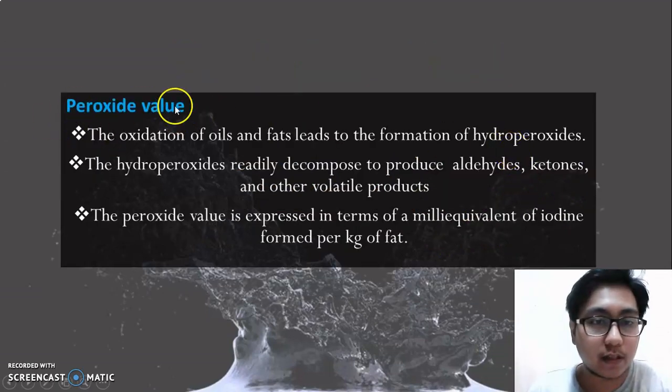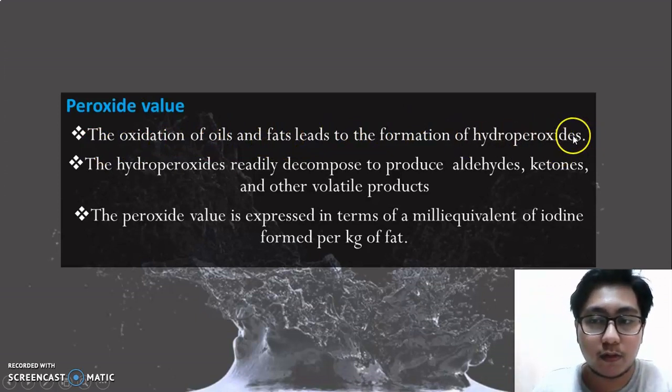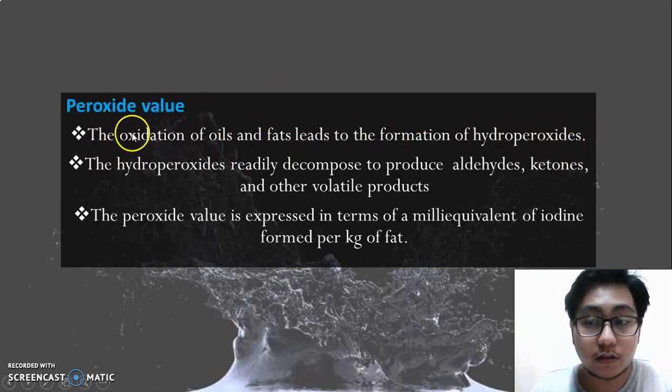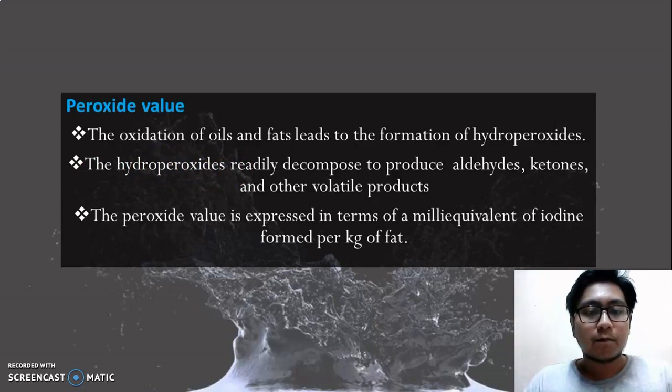Alright, so next we have peroxide value. The oxidation of oils and fats will lead to the formation of hydroperoxides, as we've learned before, which is also called autooxidation. And then these hydroperoxides will readily decompose to produce aldehydes and ketones and other volatile products.